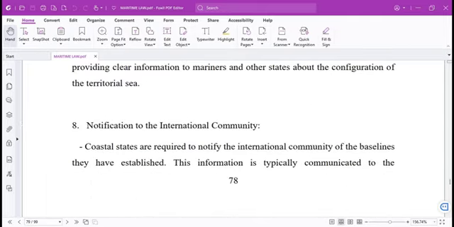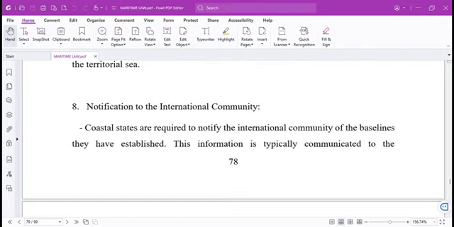Notification to the international community. Coastal states are required to notify the international community of the baselines they have established.